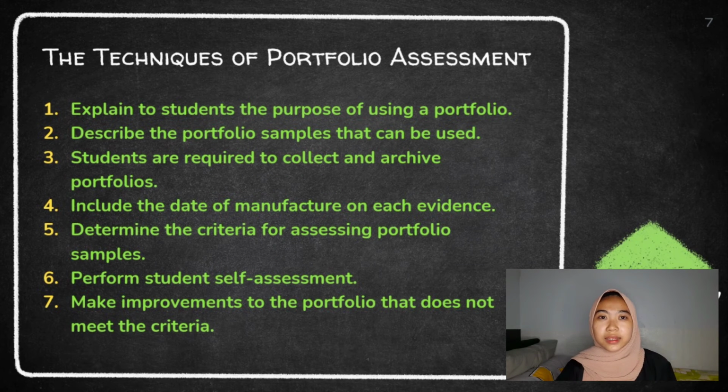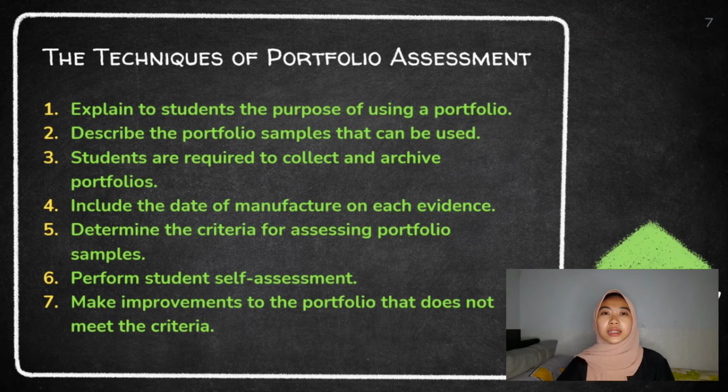Portfolio assessment can be carried out with the following steps. The first is explain to students the purpose of using a portfolio. Second, describe the portfolio samples that can be used. Third, students are required to collect and archive portfolios.